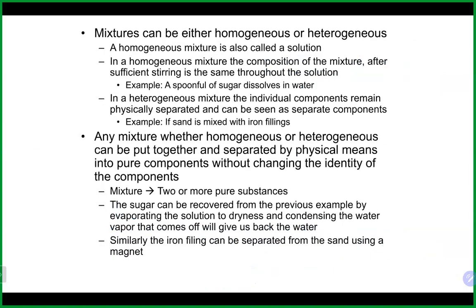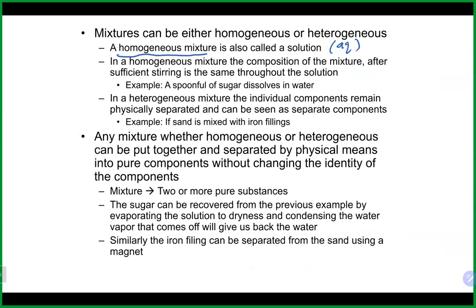There are different types of mixtures that we come across. One is a homogeneous mixture. In a homogeneous mixture, with sufficient mixing, everything will look the same throughout. Homogeneous mixtures are usually called solutions, and those are all the things that have the aqueous symbol next to them.